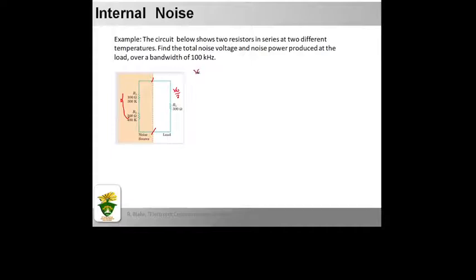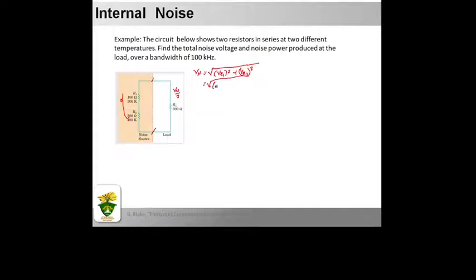So we have Vn is equal to the root mean squared of the two, Vr1 squared plus Vr2 squared. So first determine the equation. Substitute the formula of Vr for the noise voltage.